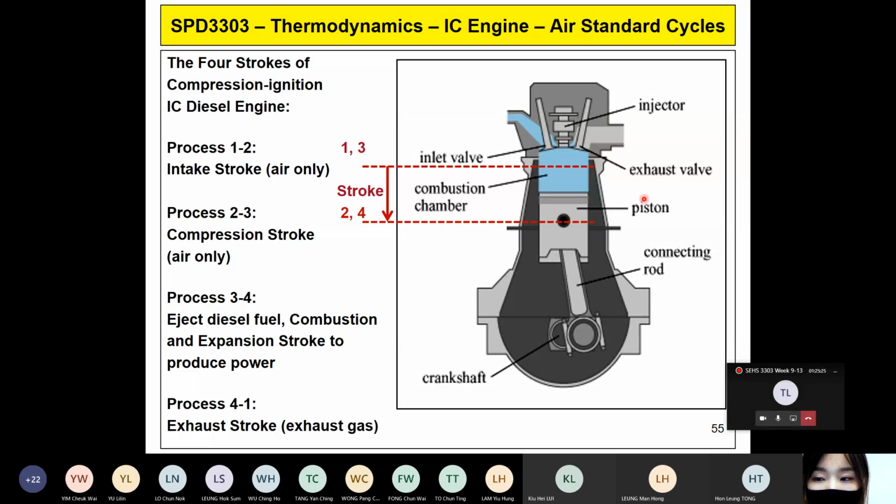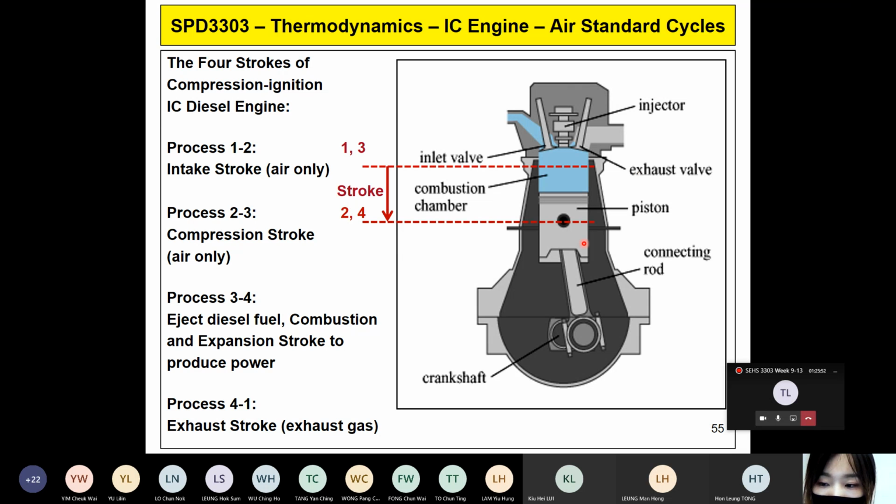So the last stroke is the exhaust stroke. The exhaust valve opens. The piston moves upward again to drive the exhaust gas out of the cylinder. We discharge this exhaust gas.